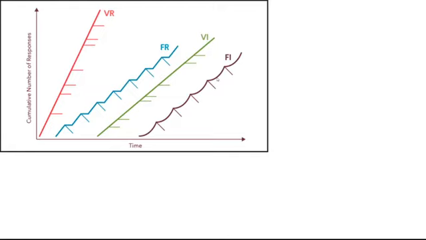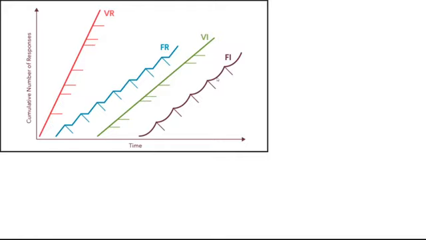And then as soon as they get food, as soon as they receive their reinforcer, then they're going to stop responding again. So we tend to see this scalloped pattern just because they don't know when enough time has passed, and they increase their responding as we get closer to that time period. So you could, from just patterns alone, tell the difference between all 4 different types of responding. For our variable ones, it's kind of hard.